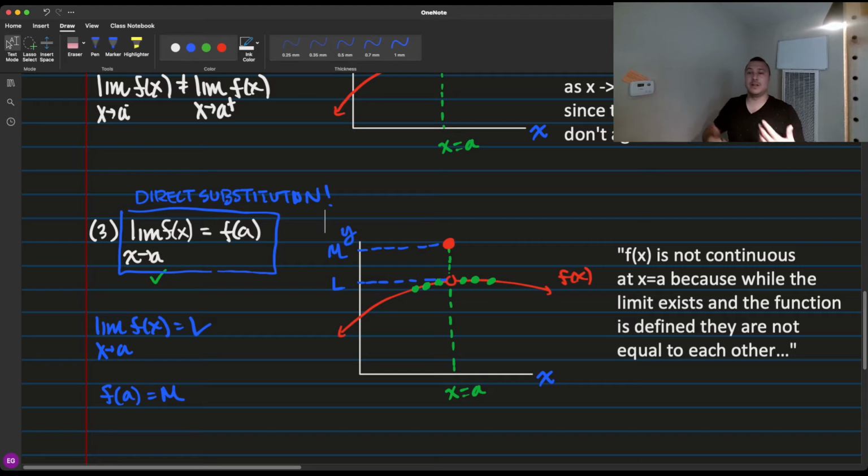That's why I started the video by saying that continuity and direct substitution are really connected in a way. If you think about it practically, how do you use continuity in this class a lot? Well, if a function is continuous, it assures you that direct substitution is possible. Or you can think about it the other way around, that if direct substitution is possible, then the function is continuous.